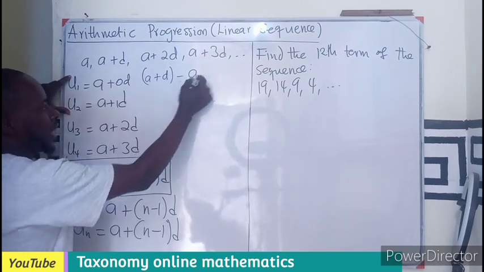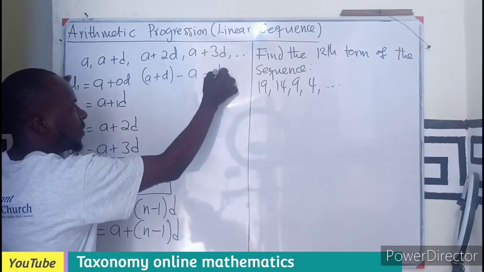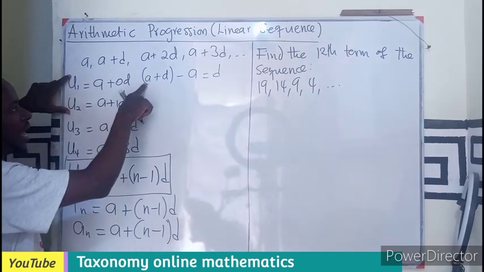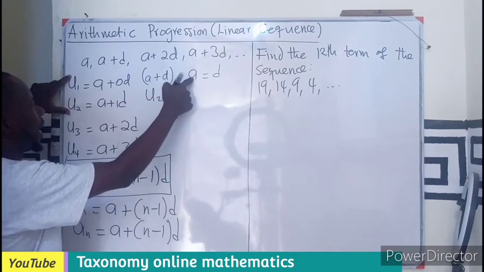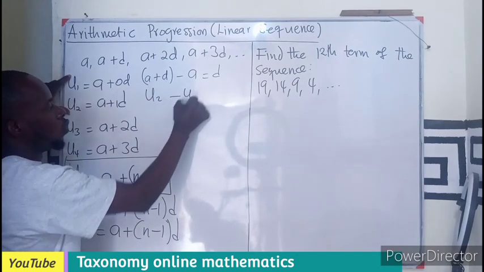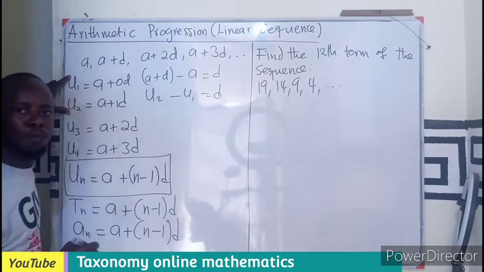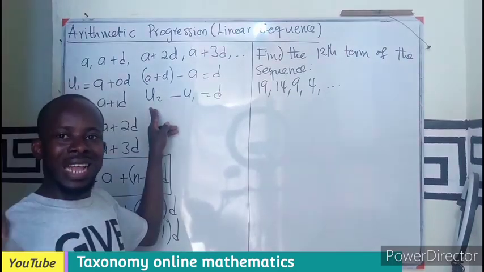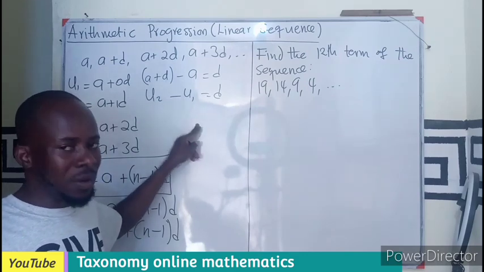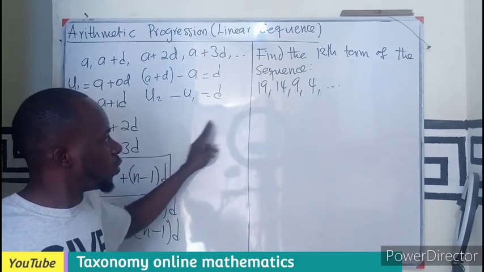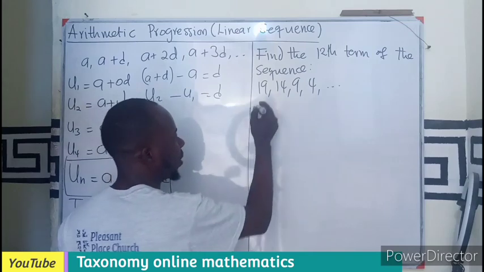A minus A gives us 0, and I'll be left with D. So A plus D is U2, minus A, which is U1, gives us D. So it's always the second term minus the first term, the third term minus the second term, the fourth term minus the third term, in that order.